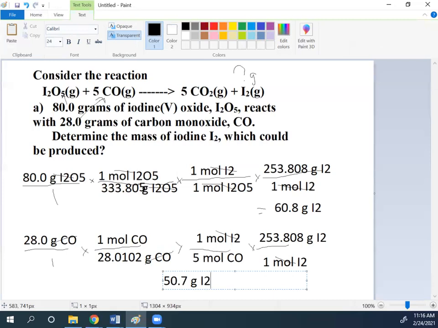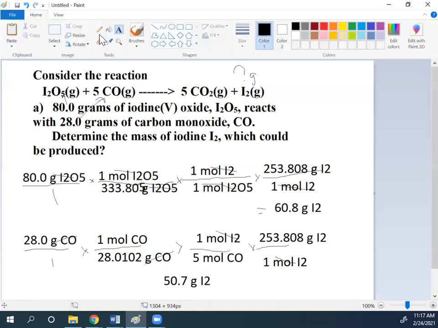Someone answer the question for me. What mass of iodine can be produced? 50.7. The smaller number is the mass that can be produced, okay? So your answer is 50.7. My answer is 50.7 grams of I2.